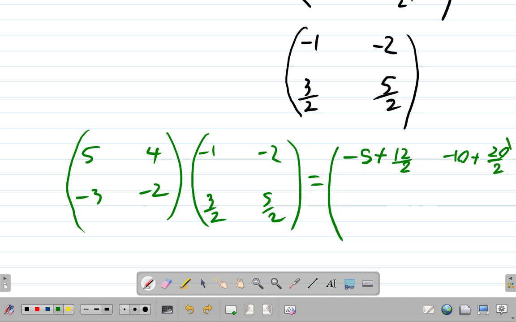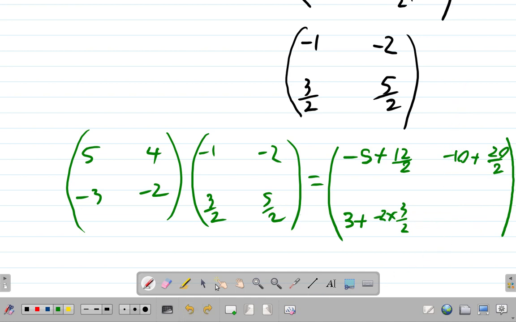Next is going to be the element for row 2, column 1. First element in row 2 times first element in column 1 will give you positive 3, plus second in row 2 times second in column 1. That is negative 2 times 3 over 2. Next, row 2 by column 2, because what you put here is in row 2 and column 2.